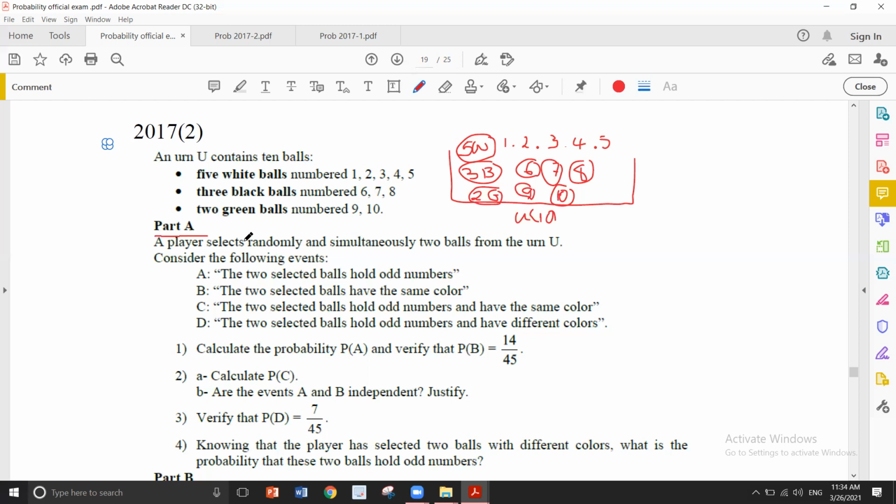Part A. A player selects randomly and simultaneously 2 balls from the urn. Event A: the two selected balls hold odd numbers.